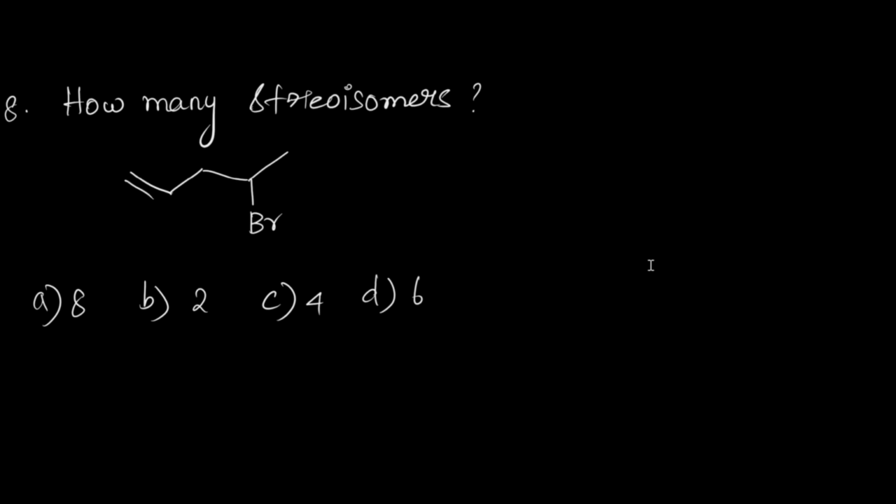How many stereoisomers can it exhibit? Very, very, very simple question. Stereoisomers include geometrical and optical isomers also. So this is one chiral center. Here I'm having a double bond. I think this is the molecule.